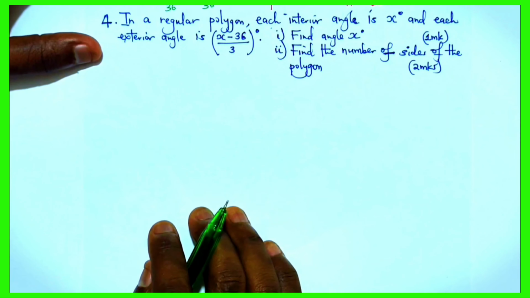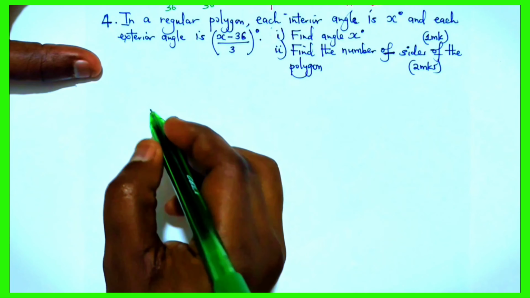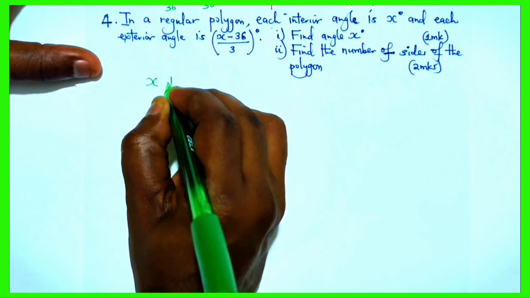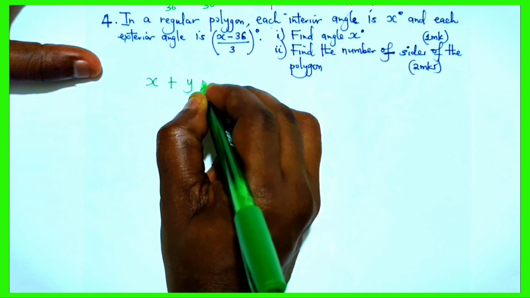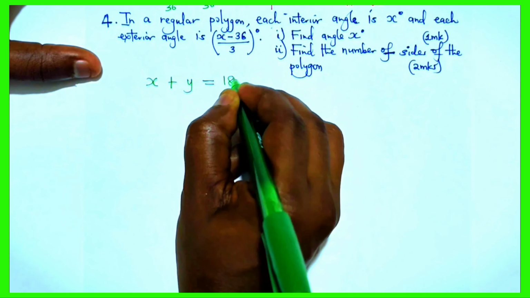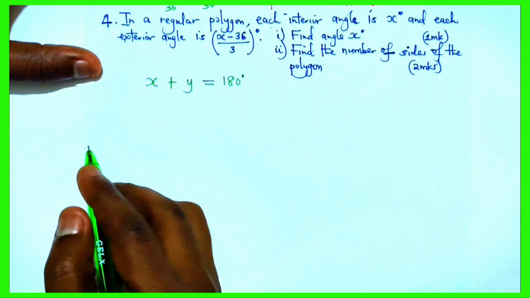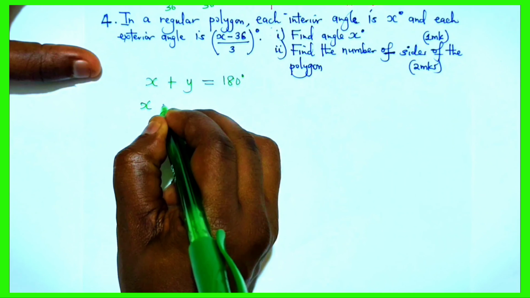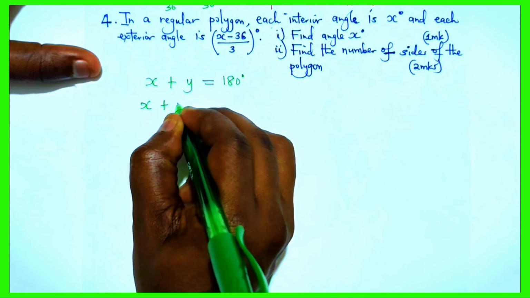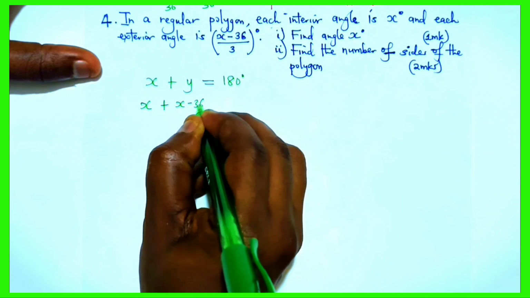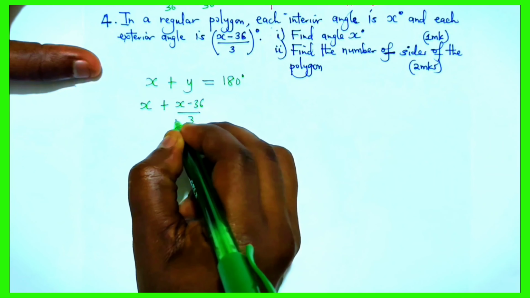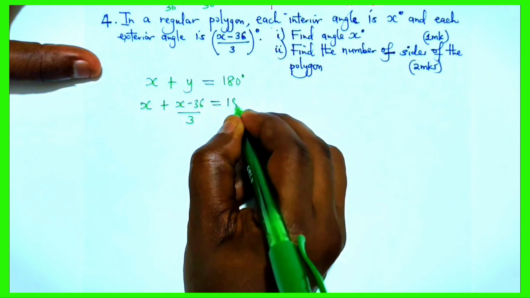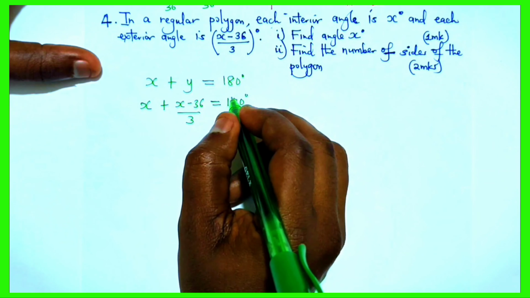So we are going to use the first law, which states that interior angle plus exterior angle will be equal to 180 degrees. And in this question, you're being told that the interior angle is x and the exterior angle is (x minus 36) over 3 degrees. This should be equal to 180 degrees.